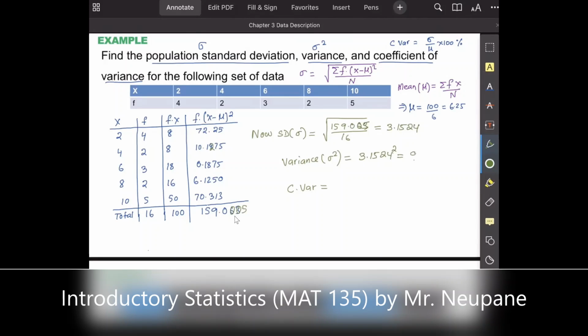That would be 9.9376. And the coefficient of variance is the standard deviation, this value, 3.1524 divided by the mean. Mean is 6.25, times 100%.